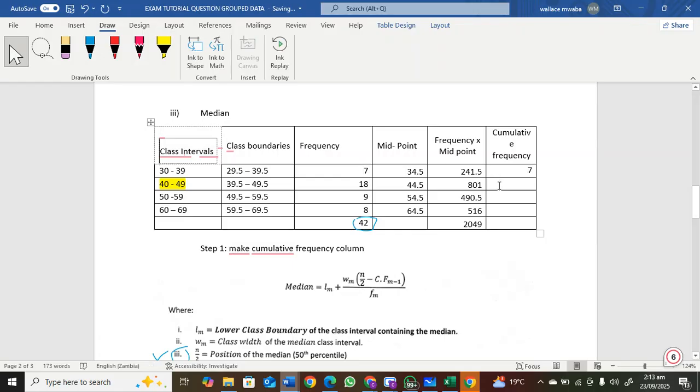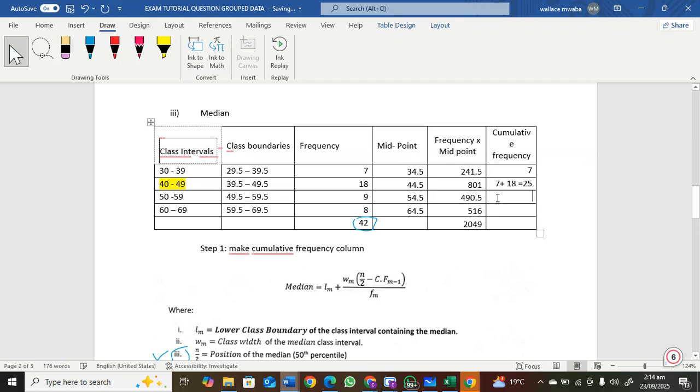Then our next frequency, we're just saying 7 plus 18, that is 25.